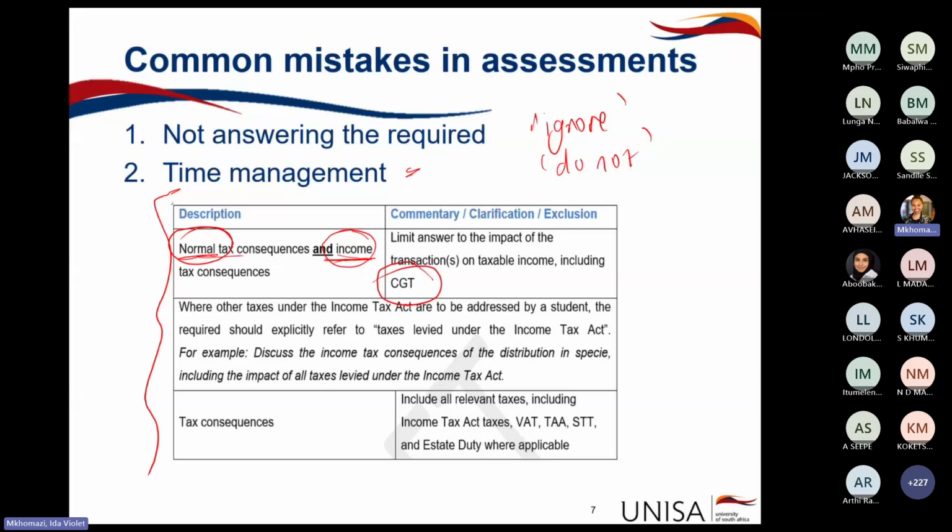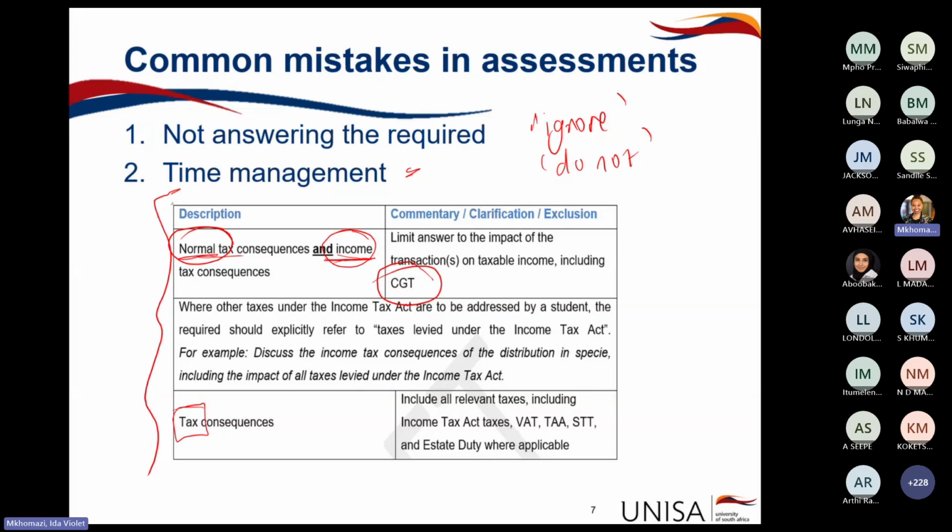The other thing that we have is what we refer to as just tax consequences or tax implications. Tax is broad. As you know, there are different types of tax, right? So if we say, give us the tax implications of a transaction, we are not being specific on which tax. So what does it mean?